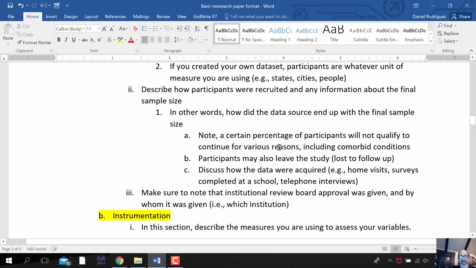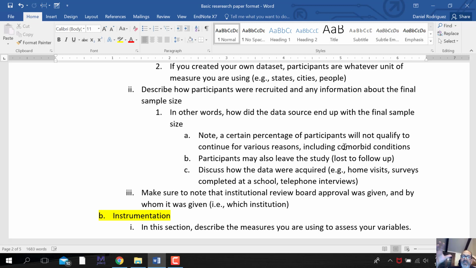Note certain percentages of participants will not qualify to continue for various reasons. Just talk about who your participants are. Say we collected data on individuals with such and such condition, but what I mean here is we exclude participants who had comorbid conditions.